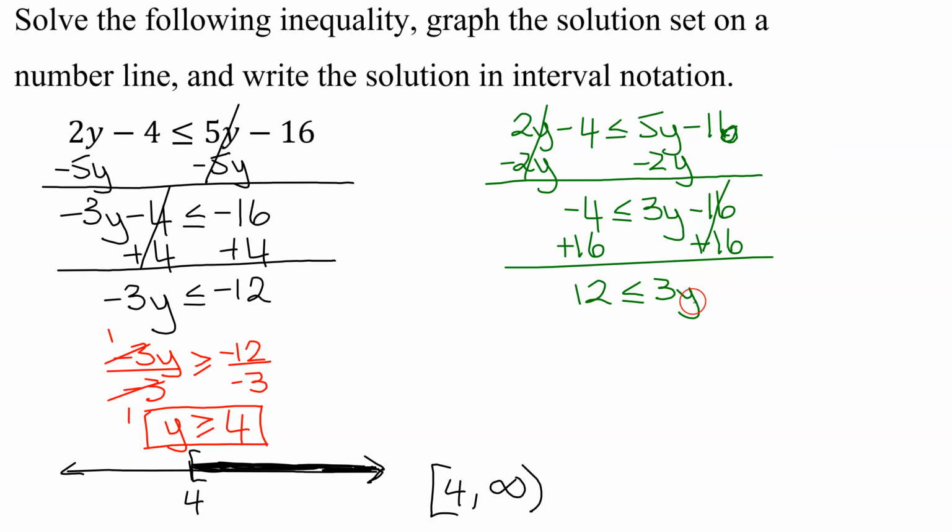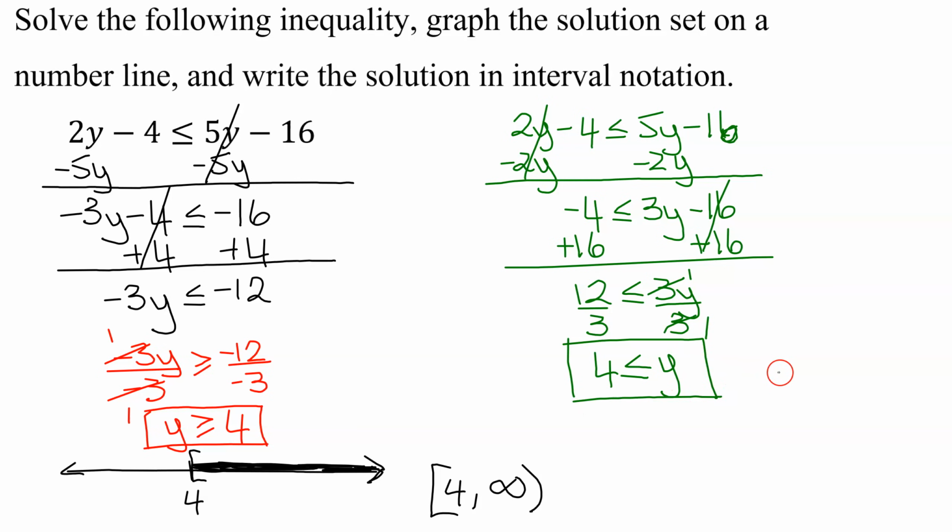Last step, I have to divide both sides by a positive number. That will not change the inequality symbol. So I get 12 divided by 3 is 4, is less than or equal to, the 3 is reduced, and I just get left with y on the right-hand side. So they have solved the inequality.